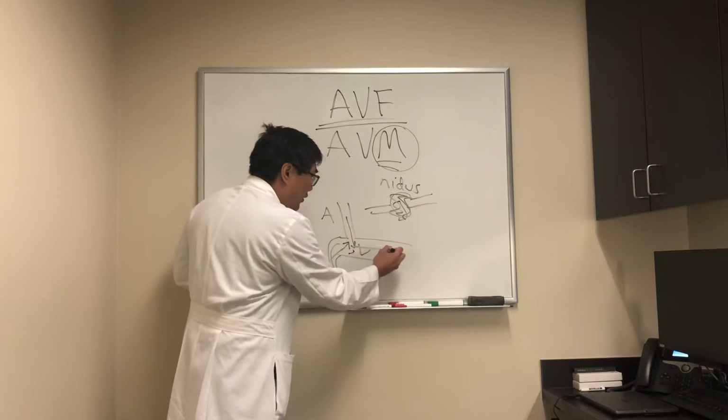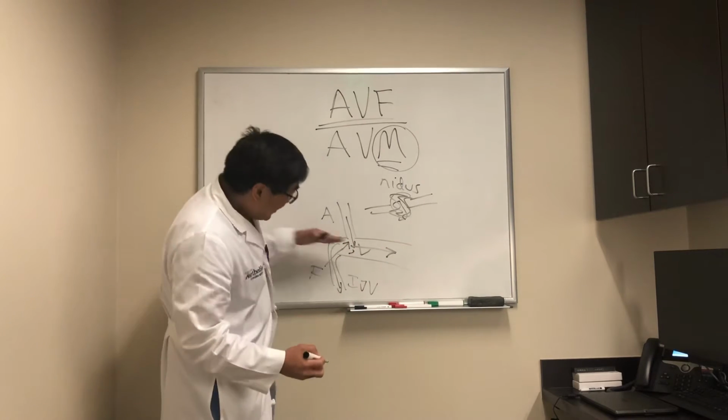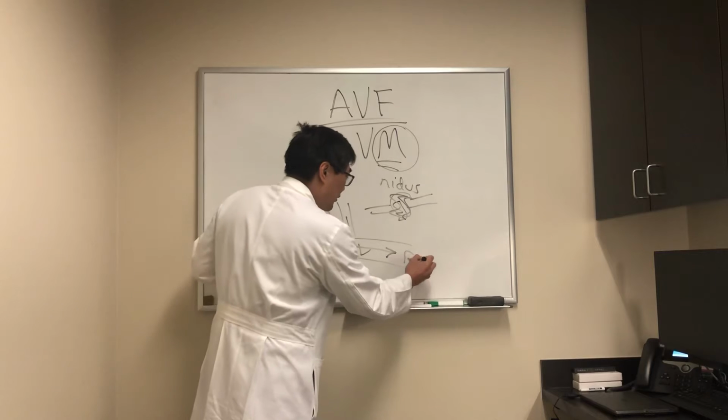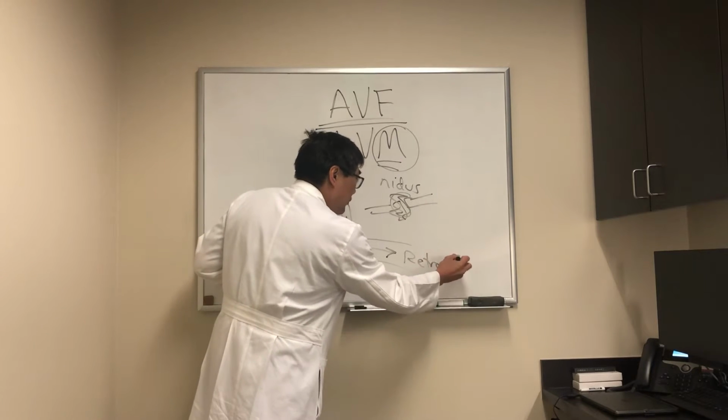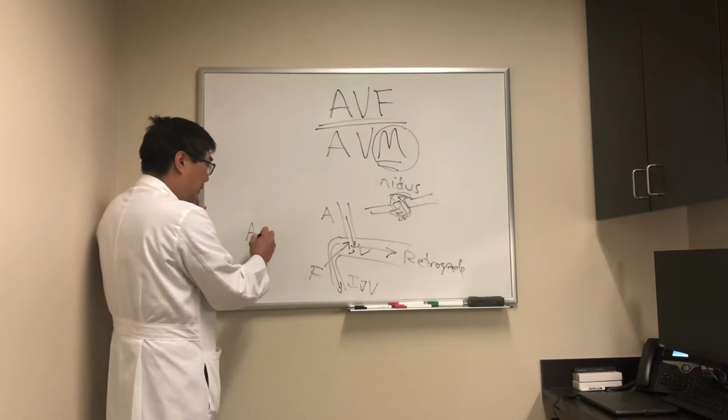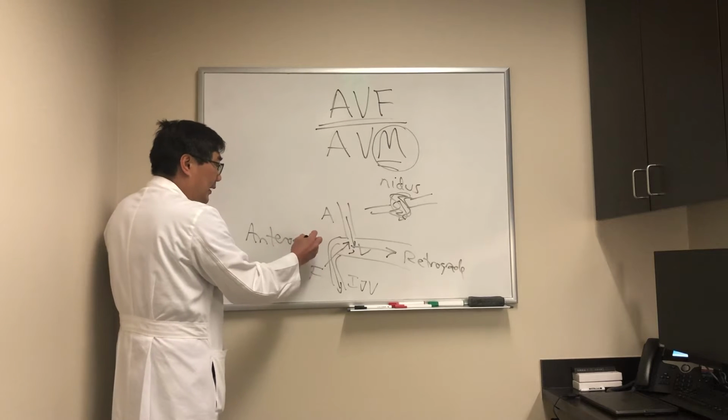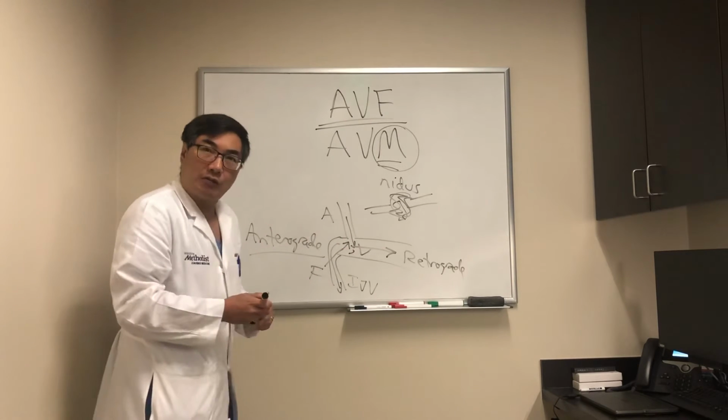However, if the blood flow is going the wrong direction in the vein, we call that retrograde. So we can have anterograde, which is the correct direction, and retrograde, which is the wrong direction.